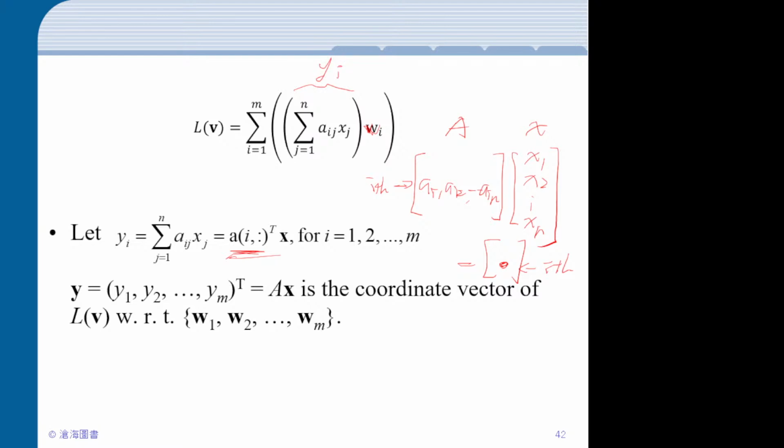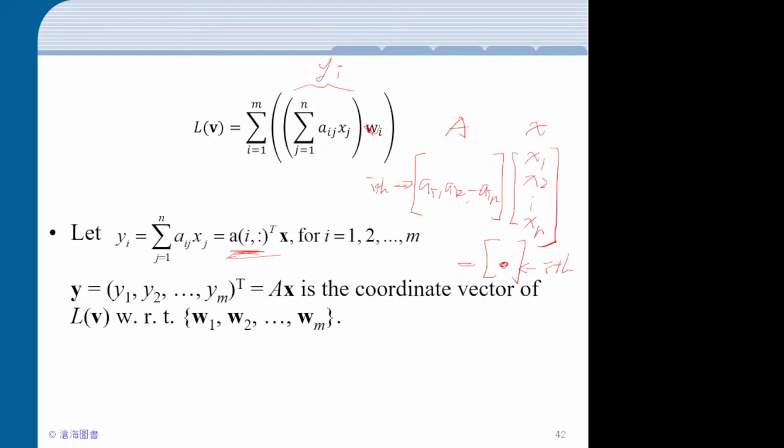Okay. So we see that y_i is the ith row of A times x, then this whole vector y should really be just this whole Ax vector. Okay. And yeah, so this completes the proof. We proved that the output has coordinate vector equal to Ax.